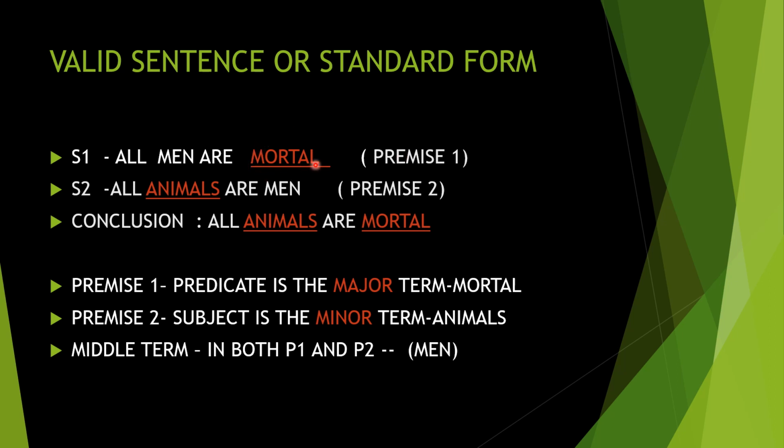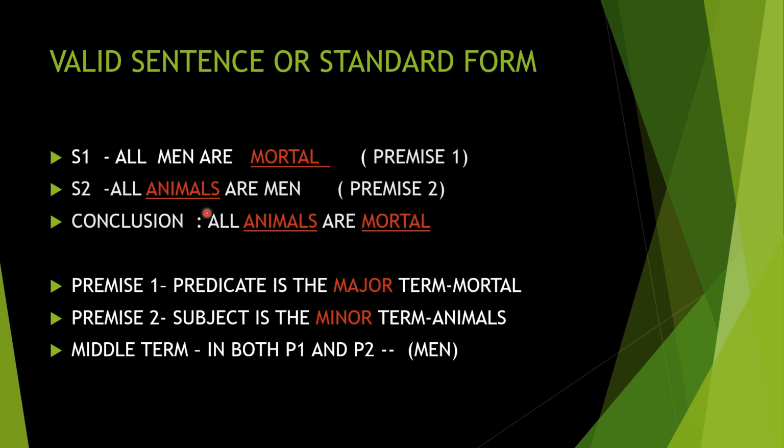And premise 2: all animals are men. In this, animals is the subject. And the conclusion: all animals are mortal. So we can see that the predicate of premise 1 becomes the predicate of the conclusion, and the subject of premise 2 becomes the subject of the conclusion.